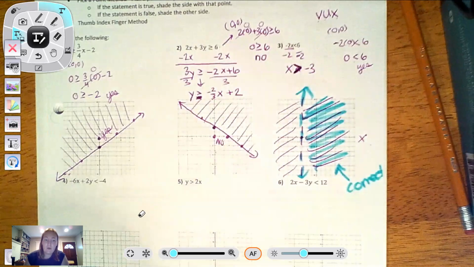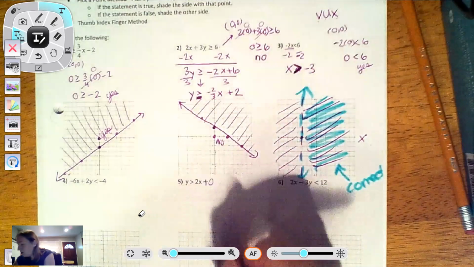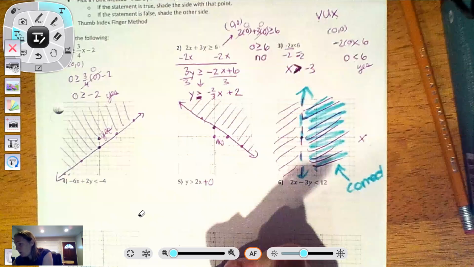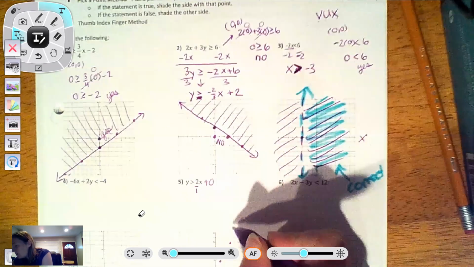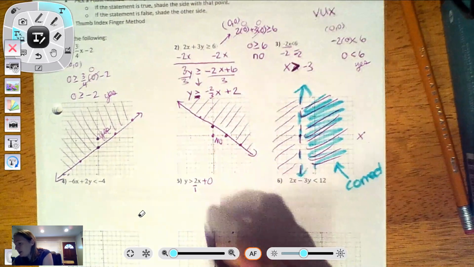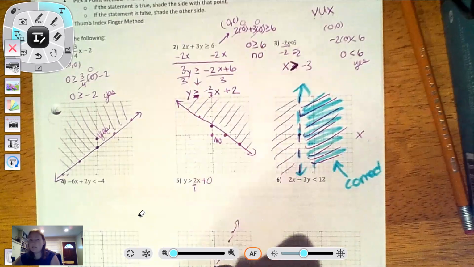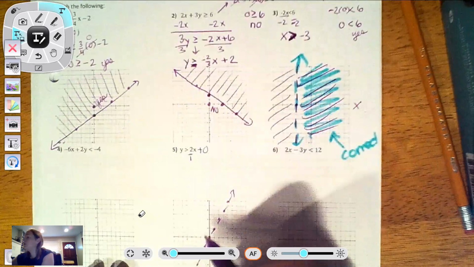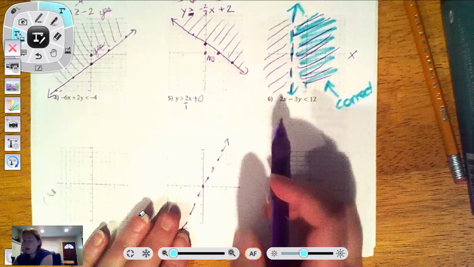So the only other one that is kind of important to maybe review briefly is a situation like this where the y-intercept is 0. Rise 2, run 1. And this one will also have a dashed line because it's only greater than, not equal to. And this time if I tested 0, 0, I wouldn't get any information about what side to shade.